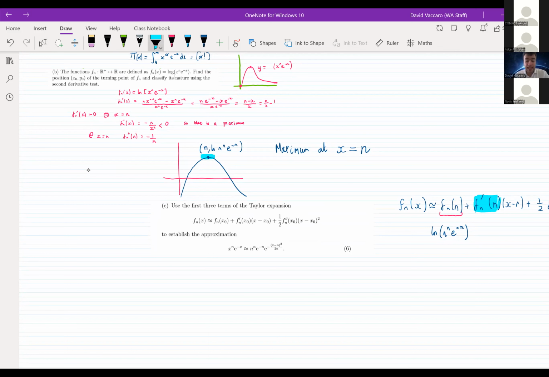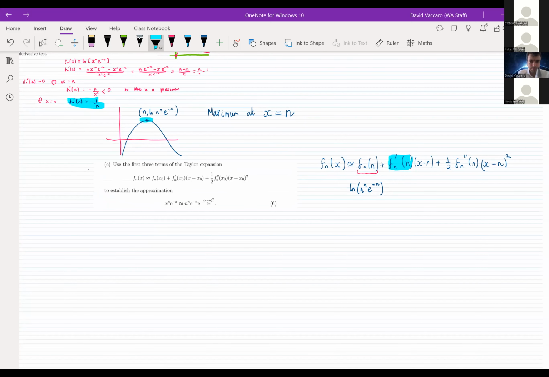So the derivative at n is just 0, and we calculated the second derivative at n as negative 1 over n. So we've got negative 1 over 2n times x minus n squared. So what that means is we've got this complicated function, but close to the maximum, we've just approximated it as a parabola.